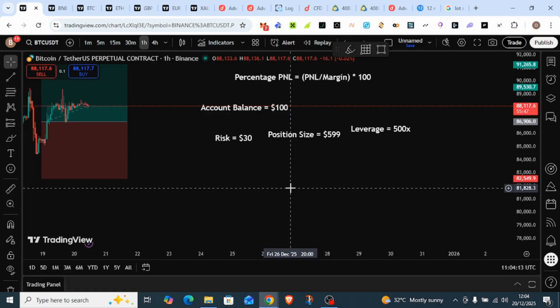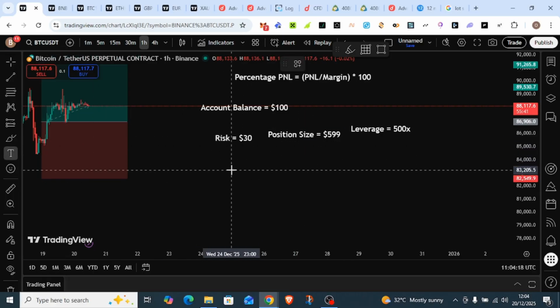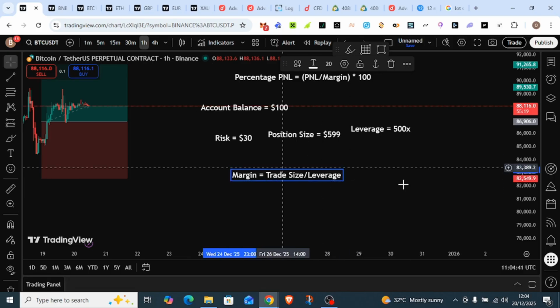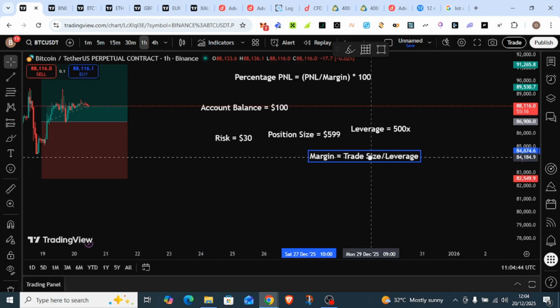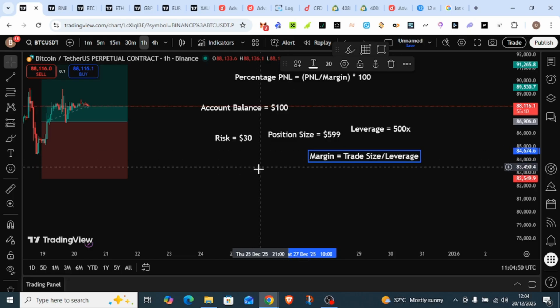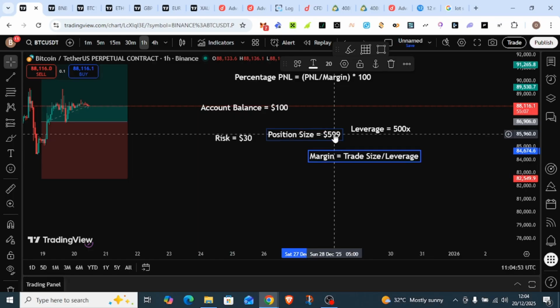Then the next thing we do is to get our margin, and margin is equal to trade size over leverage. So trade size divided by leverage will give us our margin. From the parameters we have here, our trade size is 599.